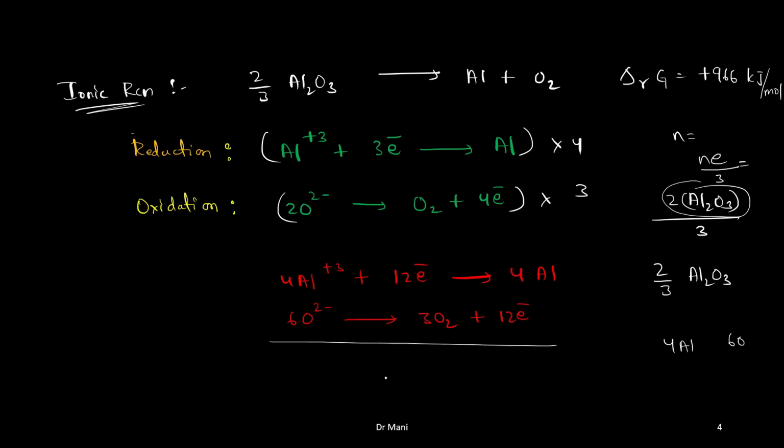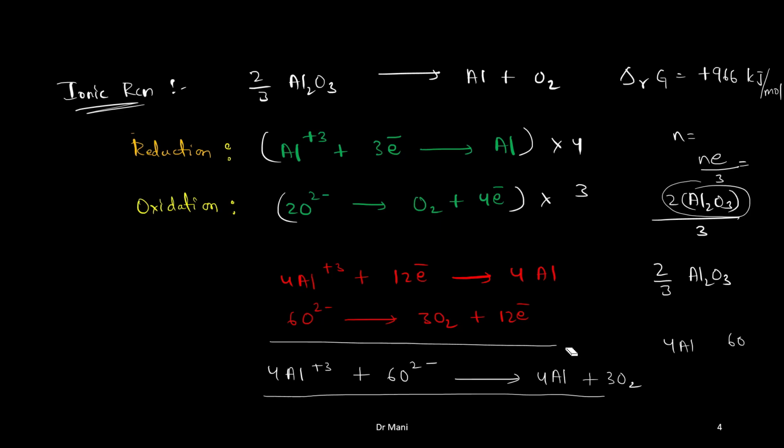Yes, sir. So if I add this, I'll get 4Al3+ plus 6O2-. That will give 4Al plus 3 oxygen. And the total number of electrons involved here? How many electrons? 12, sir. So remember, 12.